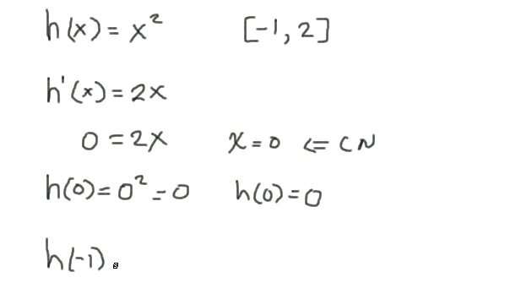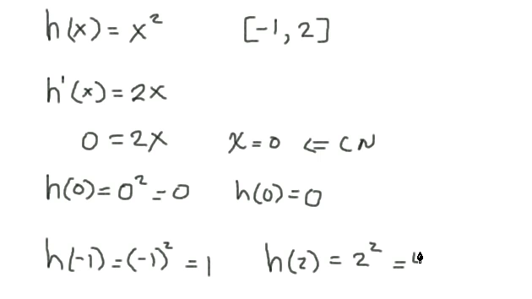So h of -1 is equal to -1 squared, which is 1, and then we're going to plug in the other one, h of 2, and that's 2 squared, which is 4. So h of 2 is equal to 4.